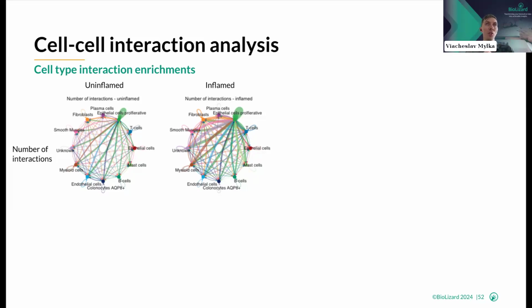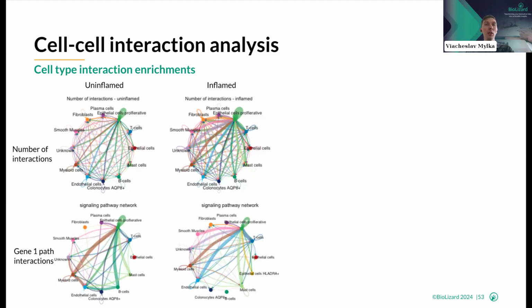However, we have fewer genes because in this case we are talking about a targeted approach. So, for example, it's 1,000 genes in this case. Nevertheless, we can check across conditions which cell types communicate between each other. And also we can zoom in on a particular pathway, right?